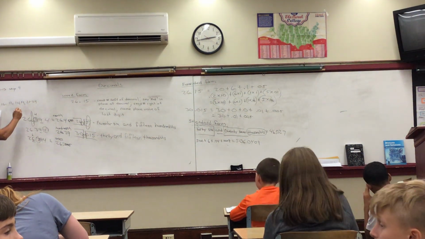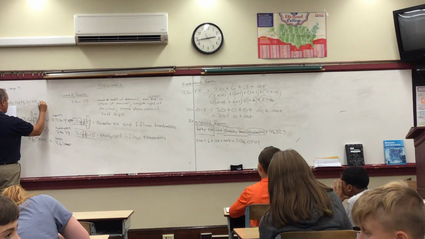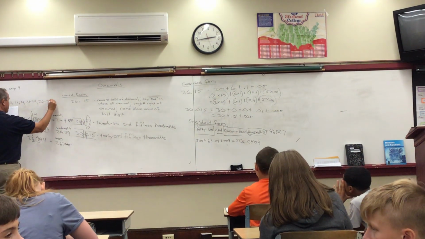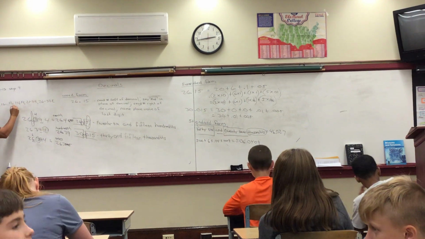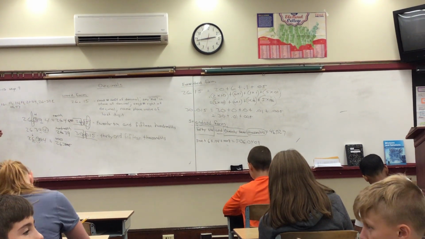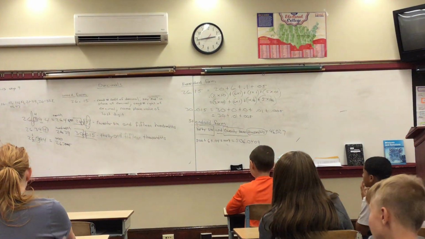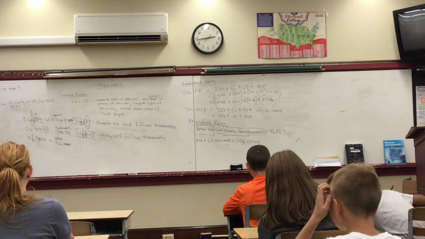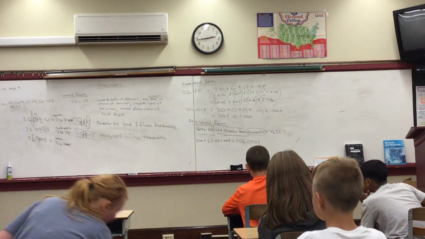Each card has a number. Oh wait, each card has 2 numbers. Okay, it looks like a lot, and it really isn't a whole lot. You're going to have 12, 14, 19, 21 through 24, all of them.